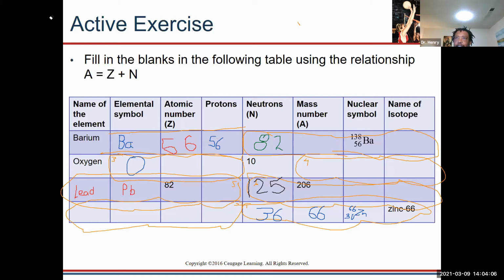Group four was Christina's group. Group five was Yari's group. Group six was Allison's group. And group seven was Alan's group.